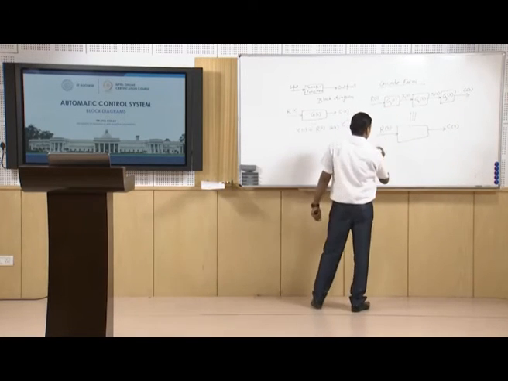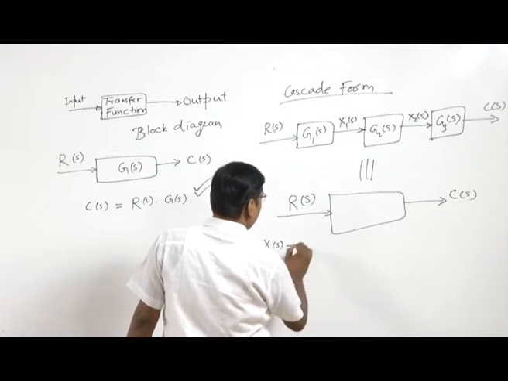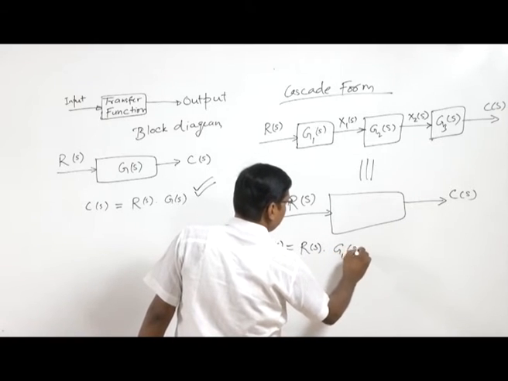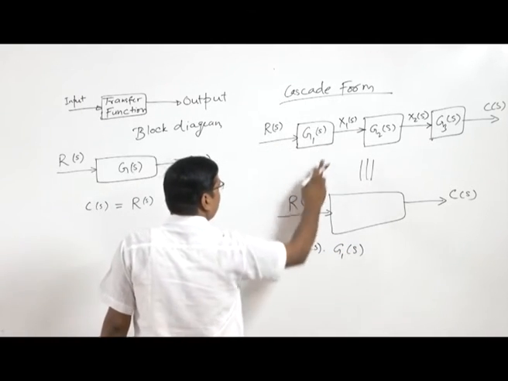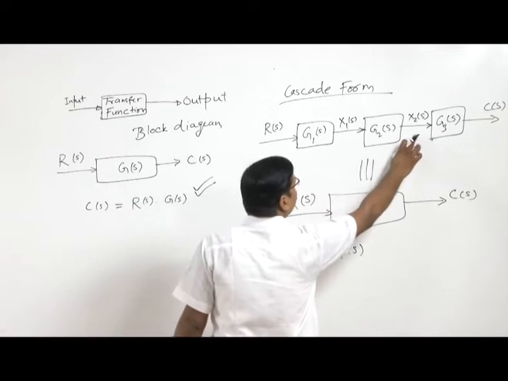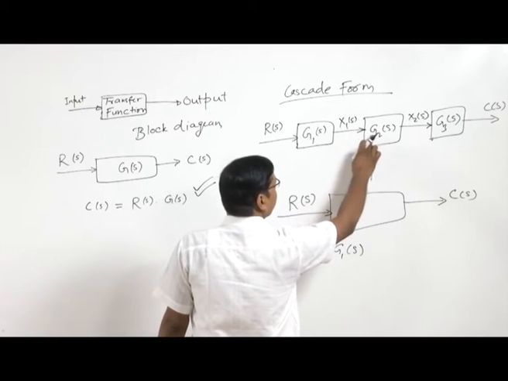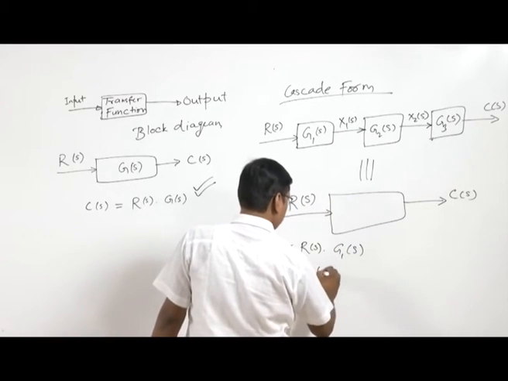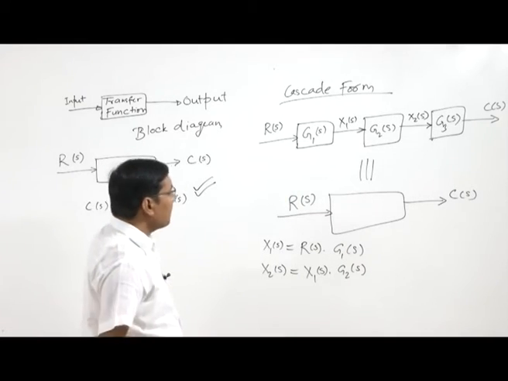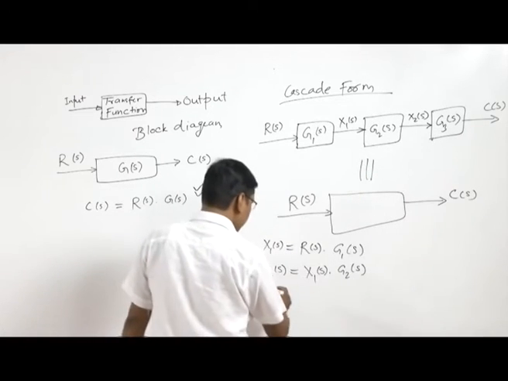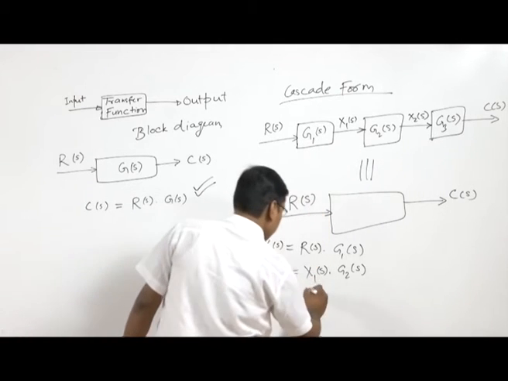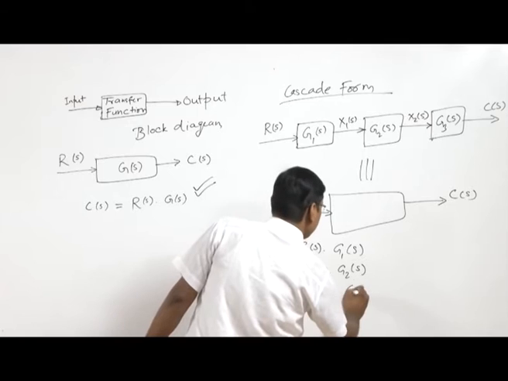So here X1(s) can be written as R(s) into G1(s), and X2(s) can be written as X1(s), because the input is X1(s), into G2(s). And C(s) can be written as X2(s) into G3(s).